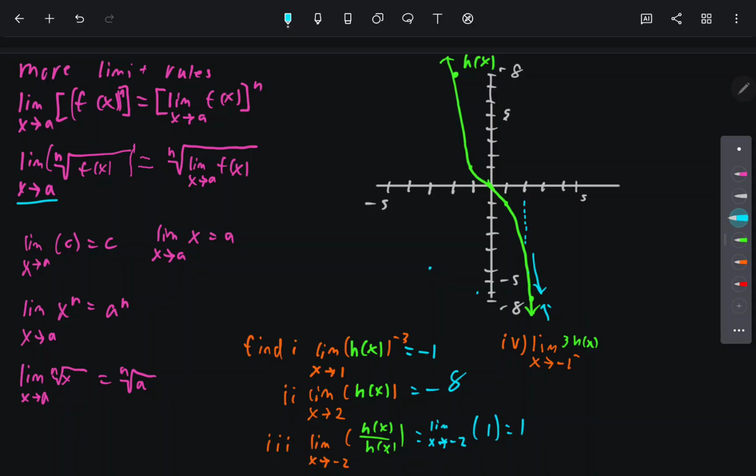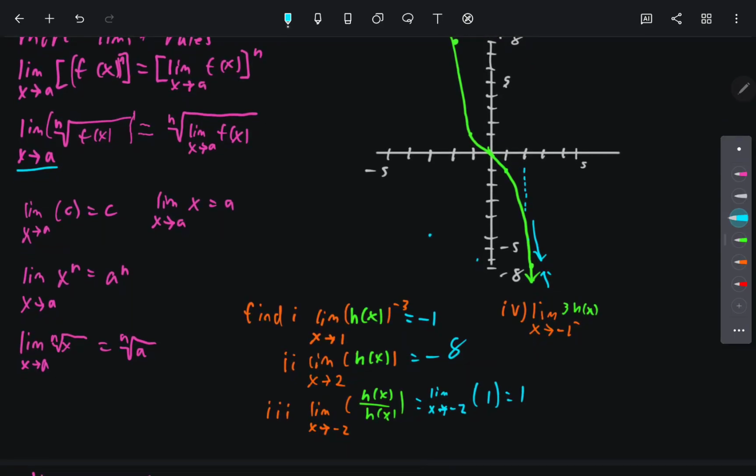So this last one, I kind of want to incorporate a small bit from yesterday. We're going to do the limit as x approaches -1 from the left of 3h of x. Well, we are going to first start out by pulling out this 3. So we get 3 times the limit as x approaches -1 from the left of h of x.